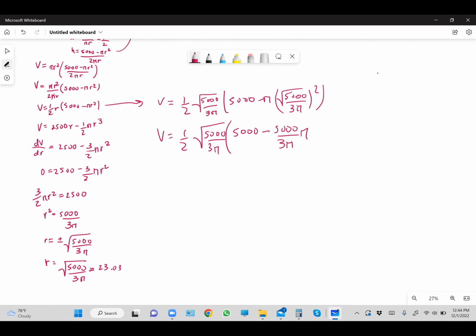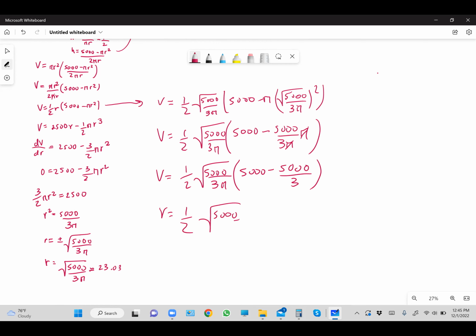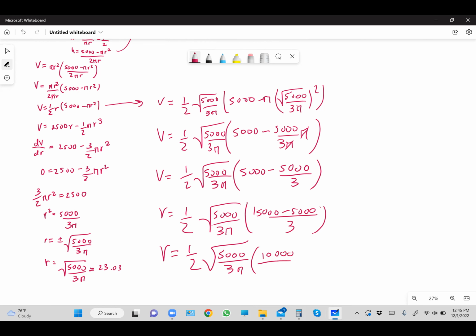When I squared it, the radical disappeared, so this cancels out. So you have half times the square root of 5,000 divided by 3 pi times 5,000 minus 5,000 divided by 3. That's 15,000 minus 5,000 divided by 3, so volume equals half times the square root of 5,000 divided by 3 pi times 10,000 divided by 3.